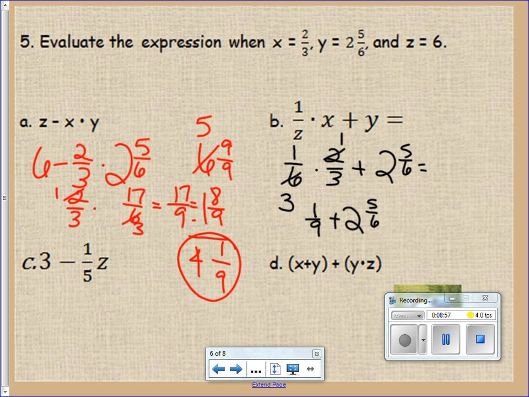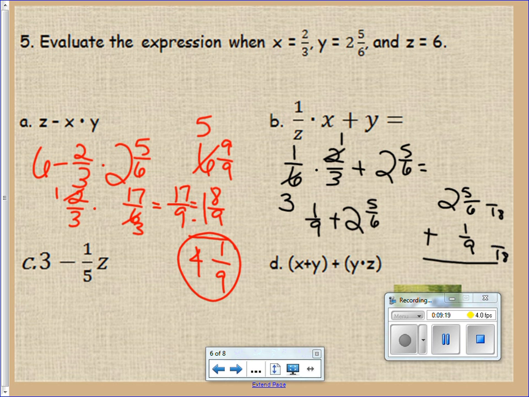Now I need to take 1/9 and add 2/6 to it. So I'm going to come over to the side. The least common multiple for these two would be 18.